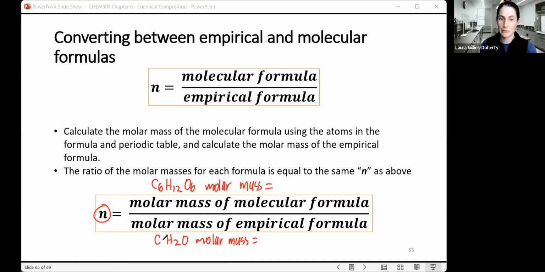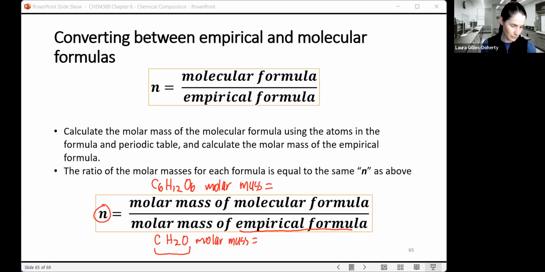So this is what we're going to be doing when we get to solving for the molecular formula for compounds. We already know how to calculate empirical formula from elemental analysis data, from mass percent data. And so we can calculate the empirical formula, and we could arrive at something like this, CH2O. And now that we know the formula, we could calculate its molar mass, and I'll do that quick.